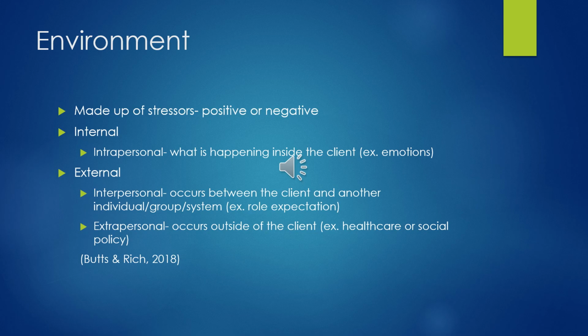External environment is made up of interpersonal and extrapersonal stressors. Interpersonal stressors occur between the client and another individual, group, or system. An example of this would be a role expectation of a family member. Extrapersonal stressors occur outside of the client. An example of this would be a healthcare or social policy.